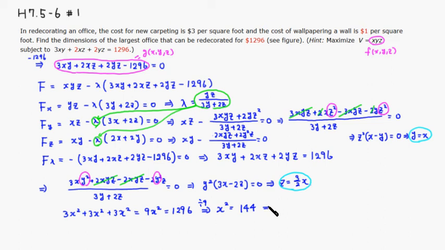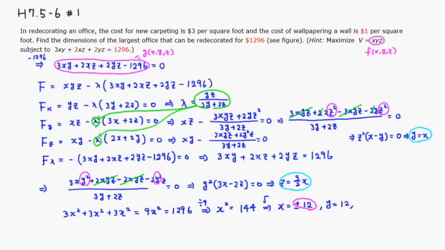Then we can just take the square root of both sides to get x equals plus or minus 12, right? But since we don't want the negative length, it's going to be a positive 12, right? Which means that y is going to be the same as x, so it's going to be 12, right? z is 3/2 times 12, so that's 18, right?